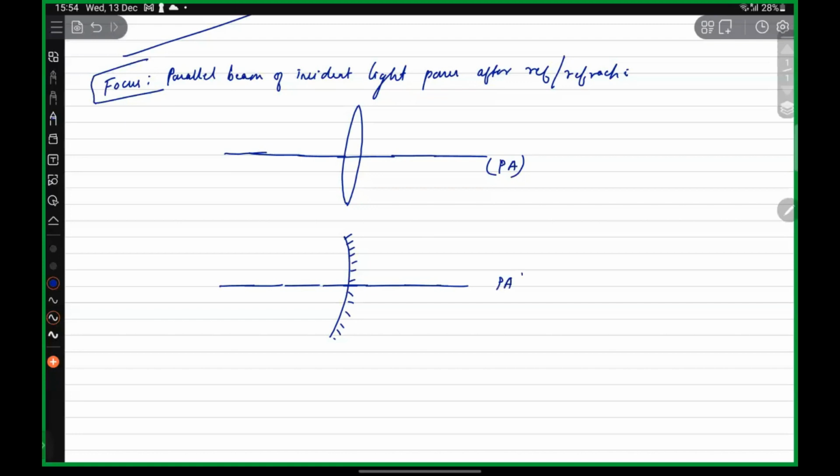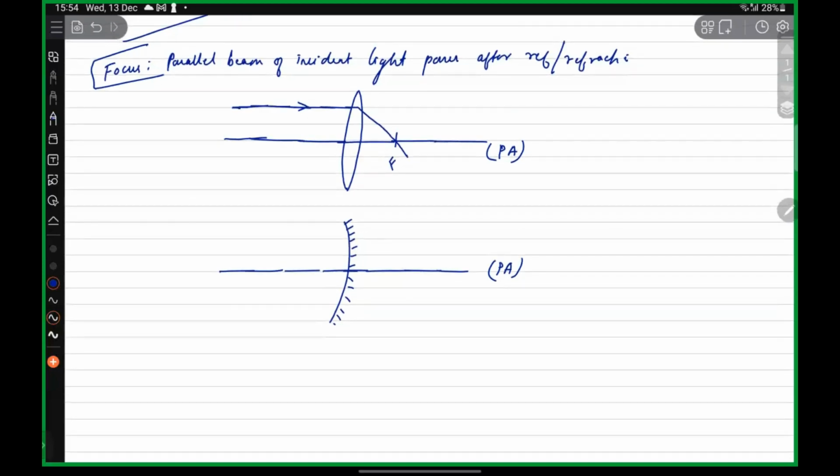Now focus is basically defined as a point on the principal axis where the incident beam of light, which is parallel to the principal axis, after reflection or refraction, will pass through the focus. So this is for the convex lens that I showed. Now for the concave mirror, a ray of light is parallel like this. Now this ray of light after reflection will pass through a point. That point is known as the focus.